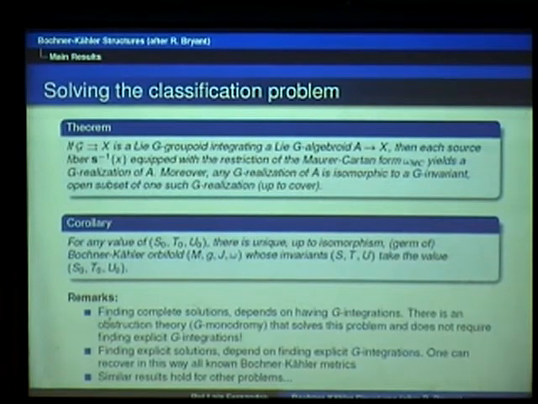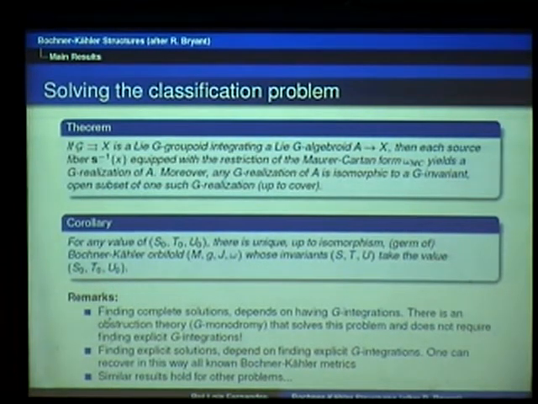Now, a couple of remarks. So usually we are interested in solutions that may have special properties. So for example, we like to have complete solutions. Now, to use this formalism to find complete solutions, it depends really not just on having local G integrations, but on having G integrations. And that doesn't happen always. But still, we can decide by looking at A whether that happens or not.